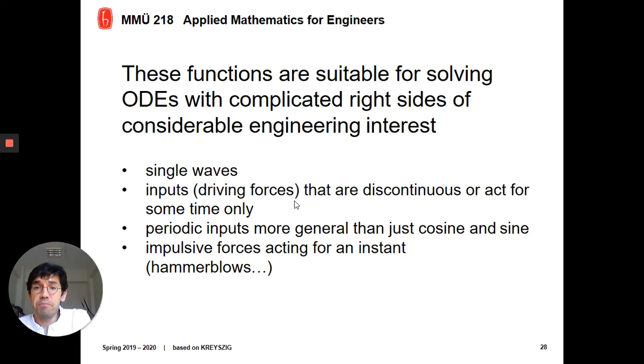But maybe I have a more general input compared to these simple sinusoidal waves, like the one we saw, exponentially decaying cosine sine function, right? In that case, that periodic input, let's say it's a damping input, can be considered only with the Laplace transform, but not the Fourier transform.